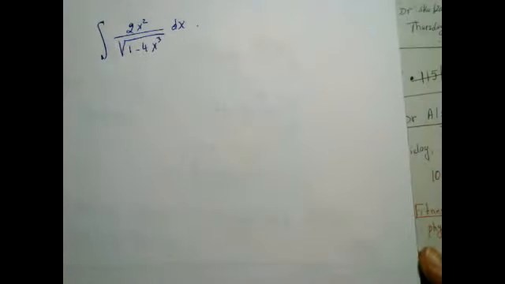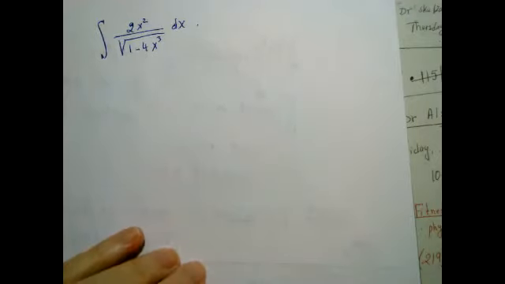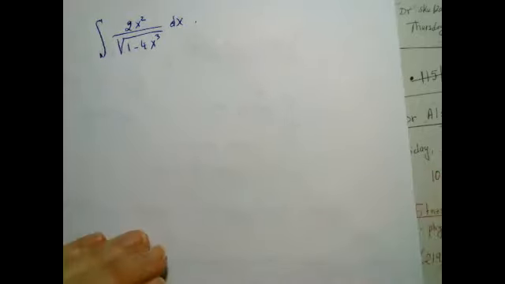I'll give you a minute. You look at it, stare at it, do whatever you want. Identify the u by picking the inner function whose derivative is part of the integral in a way.